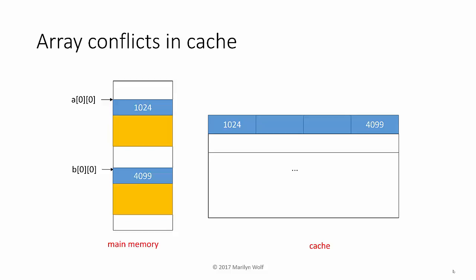So if we access A and then B and then A again, the B reference will have knocked out the early parts of A from the cache, which means that our prefetching of the first few values of the A array has not been saved, and we need to refetch. That costs us execution time.